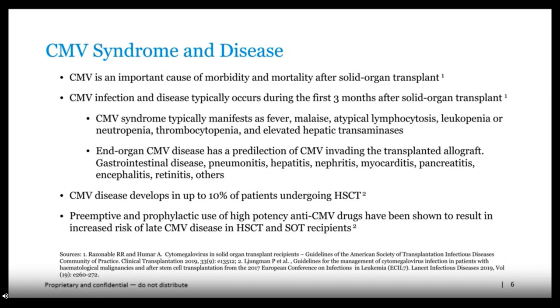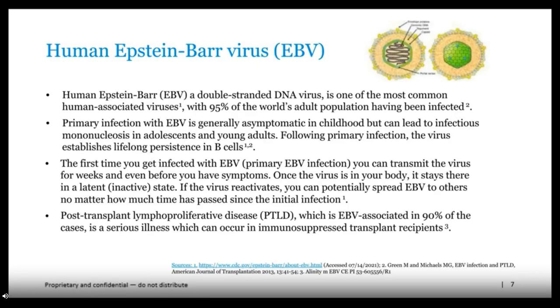It's thought that CMV disease develops today in about 10% of patients undergoing hematopoietic stem cell transplant. Another important point is that preemptive and prophylactic use of high-potency antiviral drugs for CMV, like ganciclovir, have been shown to result in increased risk of late CMV disease in both transplant populations.